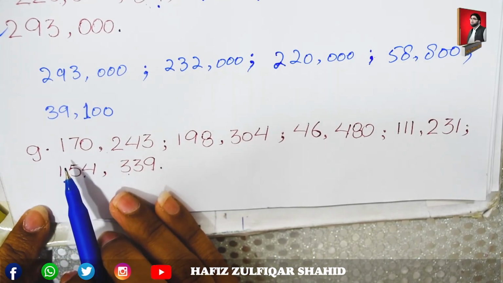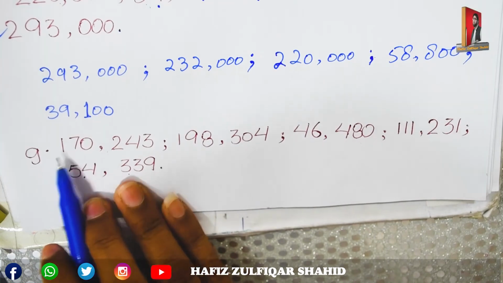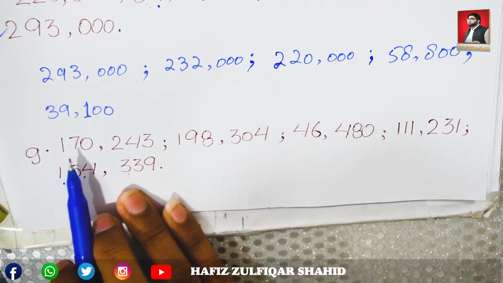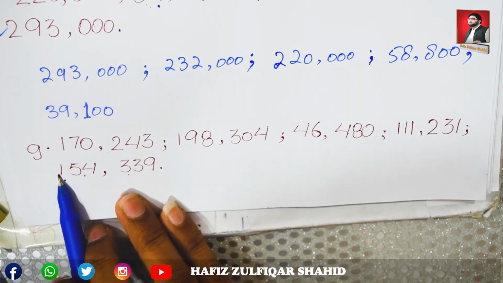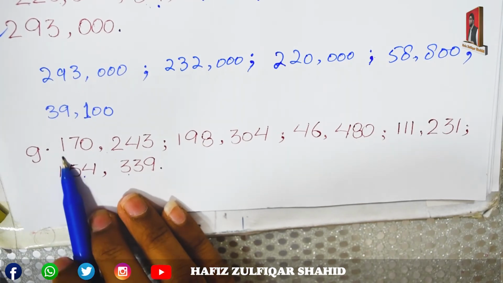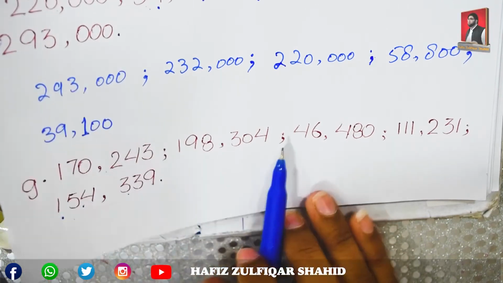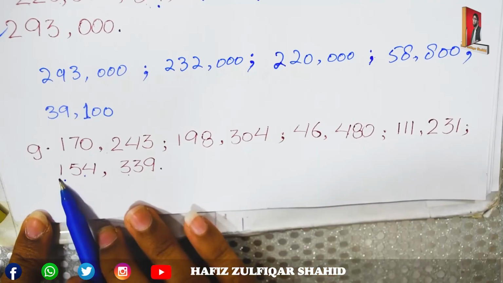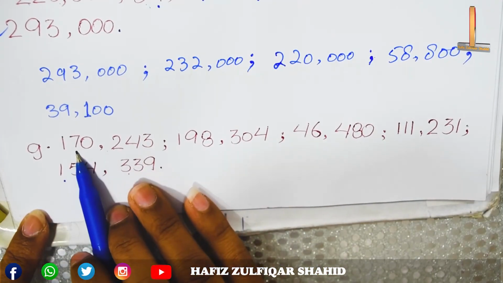Start from the left side, or the largest place value digit. First compare the largest place value digit, and we can see largest place value, we have 1 in 4 values which is equal. Now let's compare the second one.